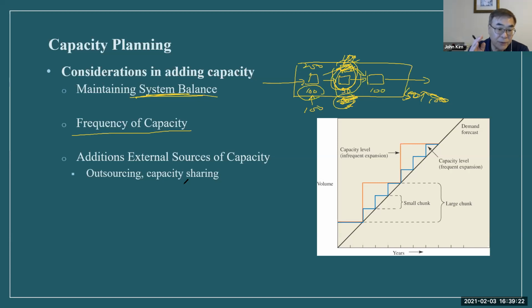In California, Toyota produced Toyota cars using Chevy's plant. That is also capacity sharing. And in Alabama there is Hyundai, and Kia on the Georgia side.